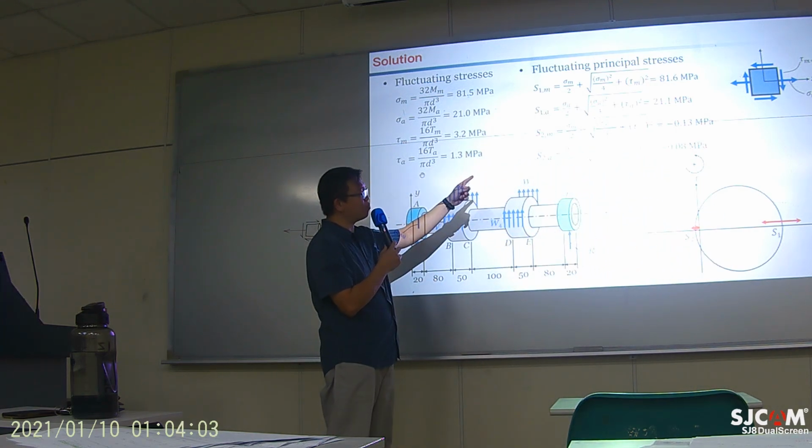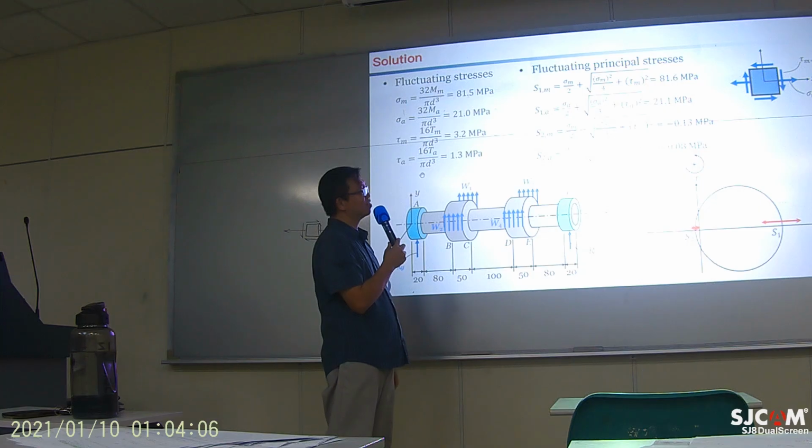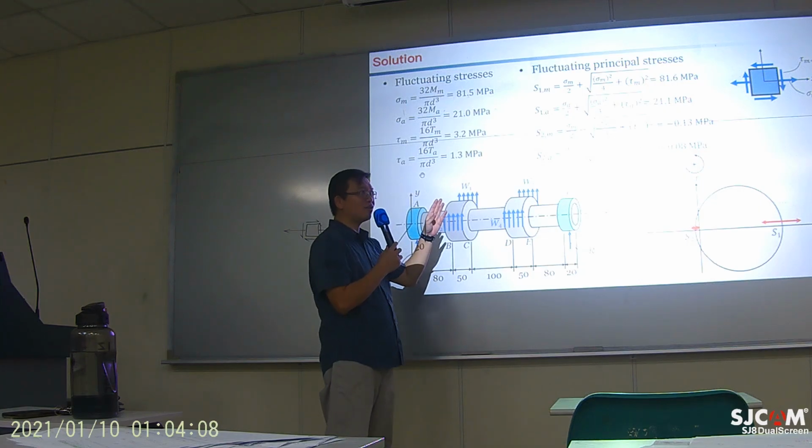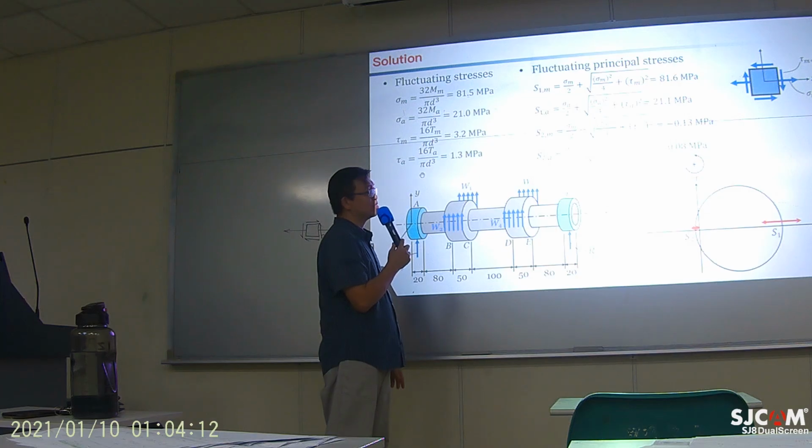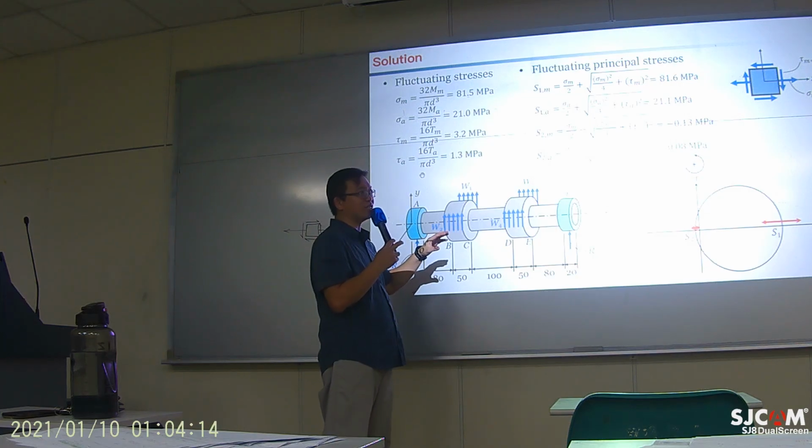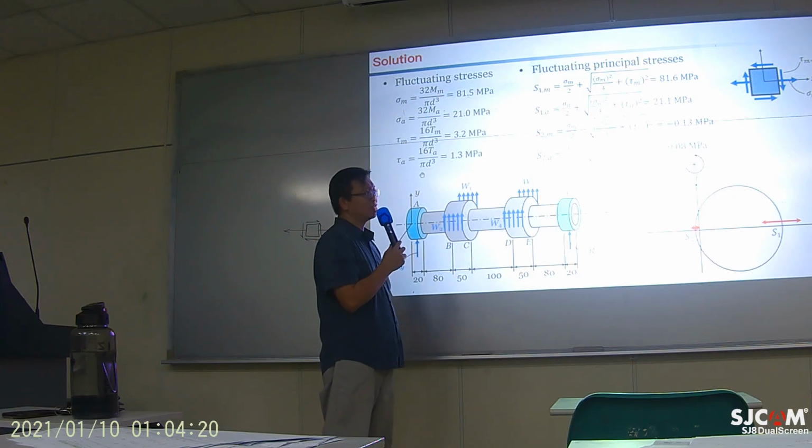And also the amplitude. But this is an estimation. So we separate the mean value part and the amplitude part, and you plug in all the equations that we used earlier.